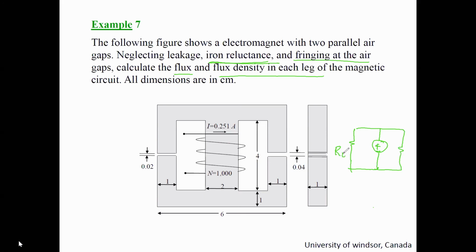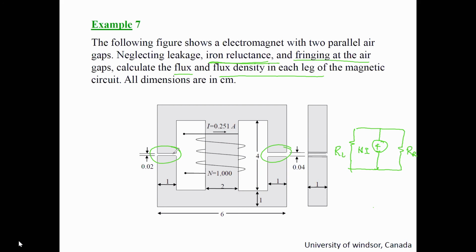Doctor, what do you mean, we have two reluctances because we are neglecting leakage? No, but the air gap, we have 2 air gaps. Okay, and we are neglecting the reluctance for the core. So we only have air gap 1 and air gap 2. Why did we neglect the reluctance of the core?